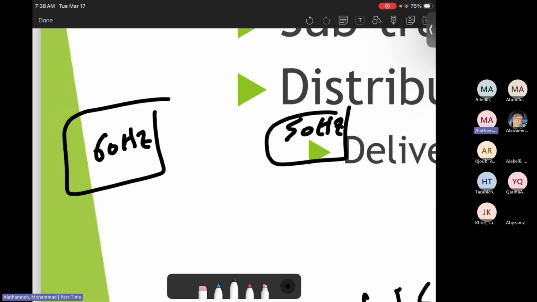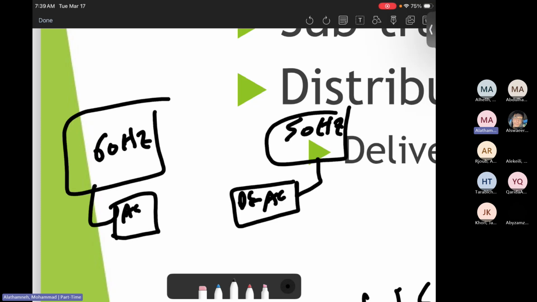The thing is, basically, we can use power electronics by converting AC to DC. And here, the same thing, converting AC to DC. Then they are linked here together. So using power electronics, this AC to DC allows a bidirectional power flow.